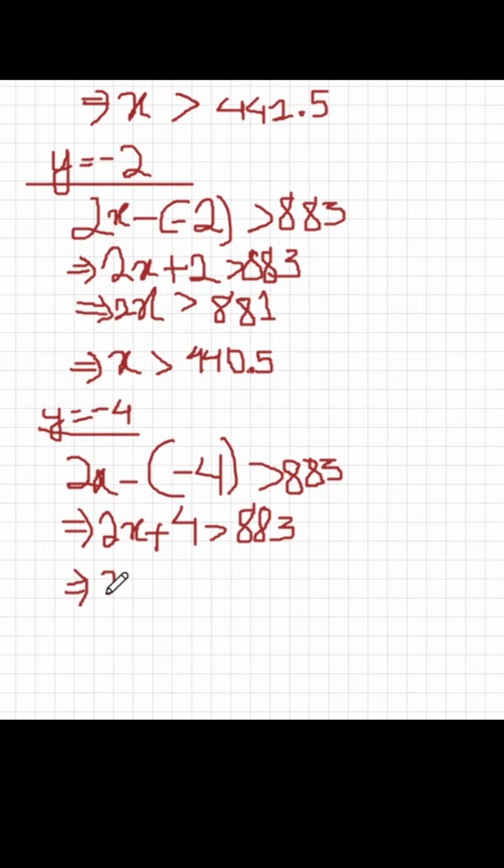So then we can say that 2x is greater than 879. By simplifying we can say that x is greater than 439.5.